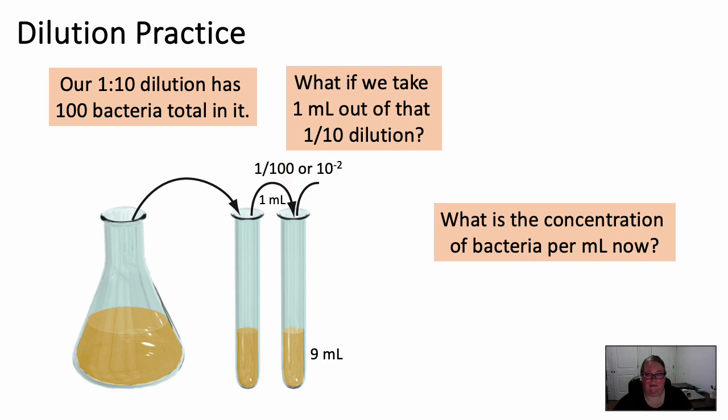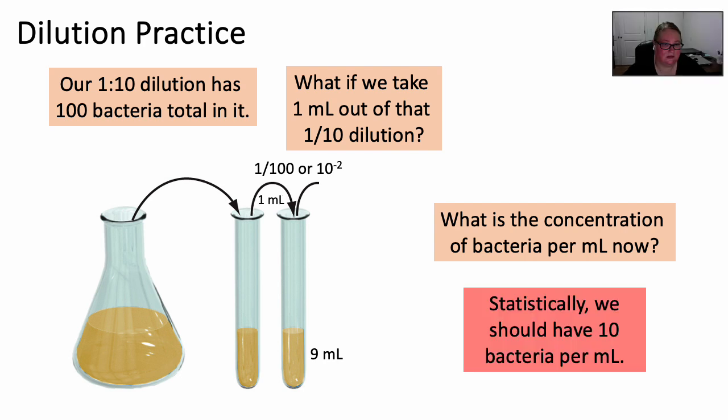So we now have made a 1 to 100 dilution. So what is the concentration? Well, it's the same, right? We now have 10 bacteria in that 10 milliliters. So we now have a 1 to 100 dilution.